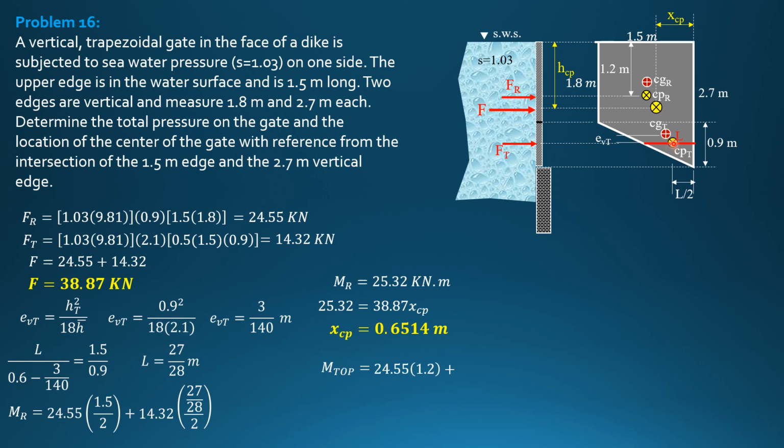That's the distance of this Cp of the triangle from the top: barred h 2.1 plus e sub v, which is 3 over 140. So 14.32 times 2.1 plus 3 over 140. The moment of the components with respect to the top is 59.84 kilonewton meter. And that is also the moment of the resultant, which is F times h sub Cp.